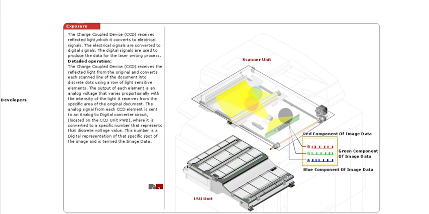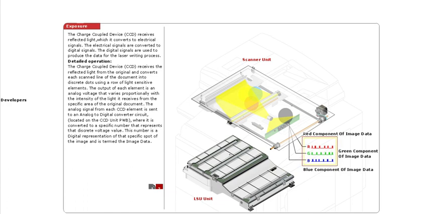Detailed operation. The charge-coupled device, CCD, receives the reflected light from the original and converts each scanned line of the document into discrete dots using a row of light-sensitive elements. The output of each element is an analog voltage that varies proportionally with the intensity of the light it receives from the specific area of the original document.